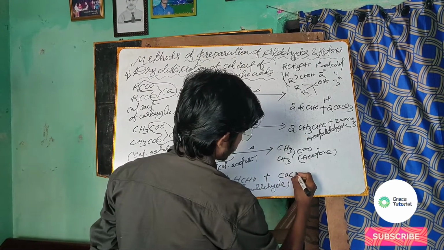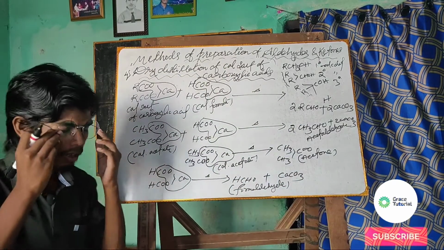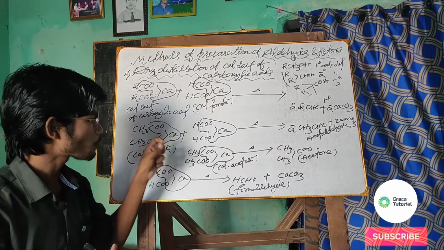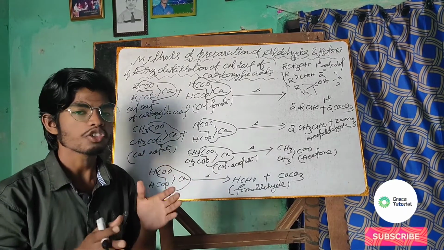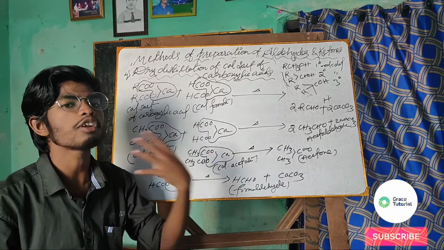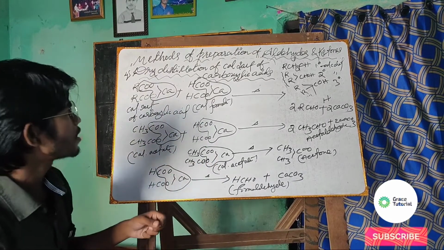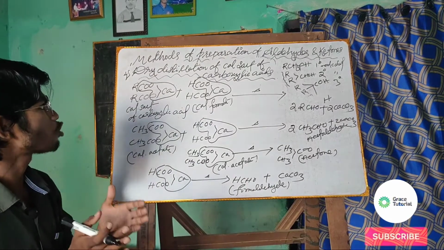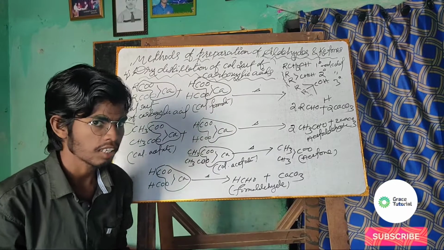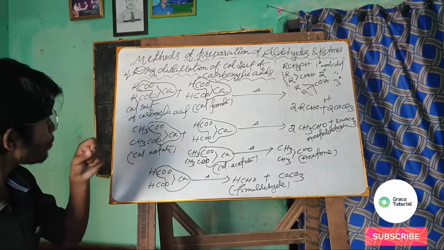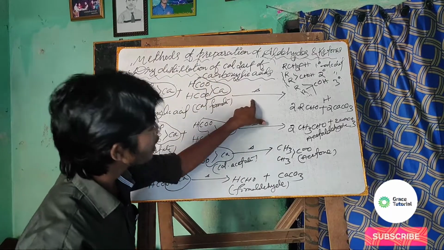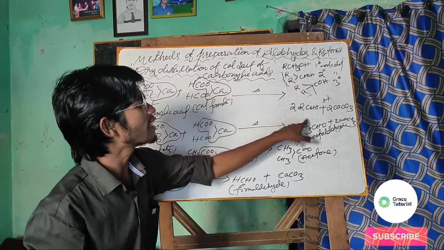Let me explain in a very detailed manner, because this is one of the most relevant points from the methods of preparation of aldehydes and ketones, which often comes every year in the examination. You see how aldehydes and ketones are formed by the dry distillation of the calcium salt of carboxylic acid. When a mixture of the calcium salt of carboxylic acid and calcium formate gets heated, then 2 molecules of the aldehyde result.